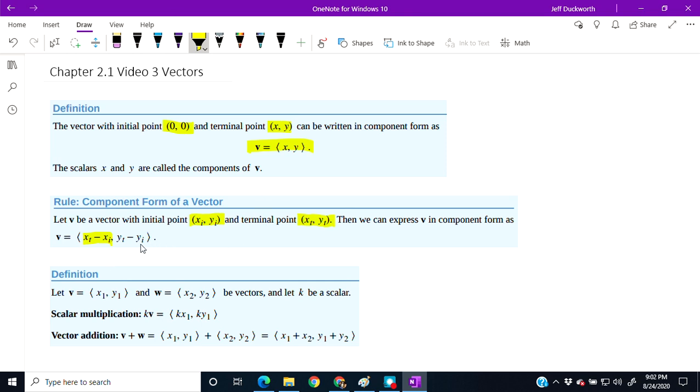Similarly, the change in y will be yt minus yi, where we ended up minus where we started.